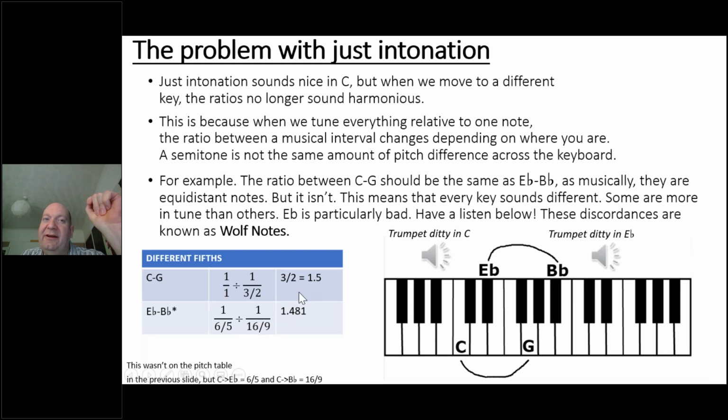It's called the Pythagorean comma. When you transpose music, with these little trumpet ditties, you can download and play them. My son's written a little ditty in the key of C and a little ditty in the key of E flat, and you'll hear the difference. They don't transpose in just intonation.